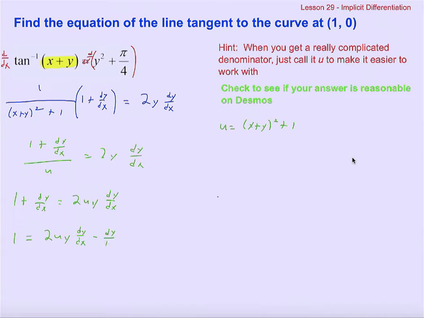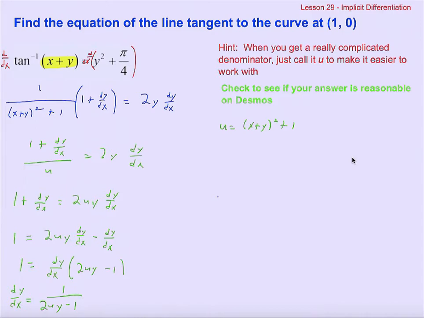So what we've done is subtracted the dy dx from this side onto the other side, and then we have to factor out the dy dx. And so dy dx equals 1 over 2uy minus 1, which if the question was to find dy dx, we would just put the u back in and call it a day.